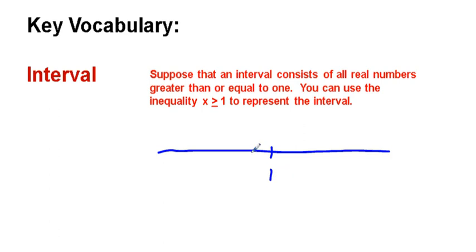It says greater than or equal to 1, so we draw a point here, represented by that dot, and we go to the right. And that's really what it looks like. There are different types of notation we're going to look at in a little bit.